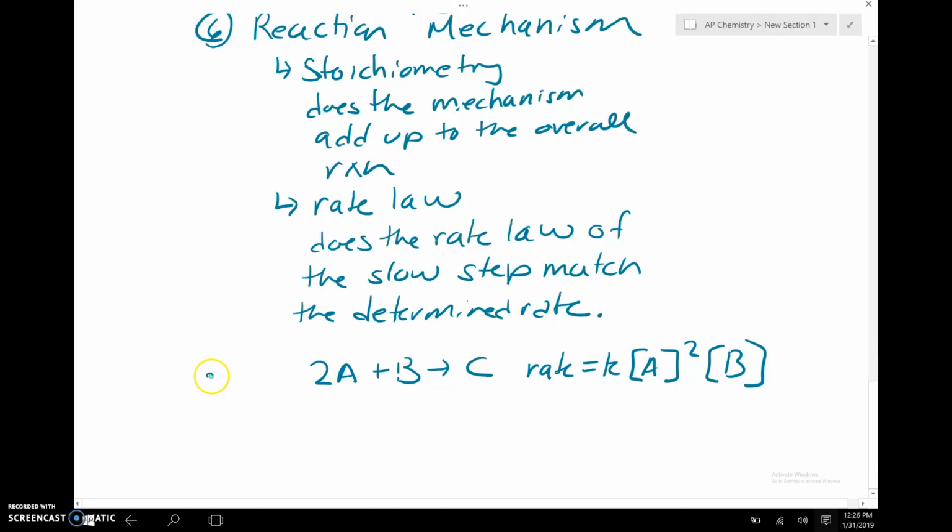I'm just saying this is, let's say, step 3 of a mechanism. Then I can go ahead and do that. Remember that we do have the situation of plugging in if we have an equation that involves equilibrium, and I can show an example of that later.